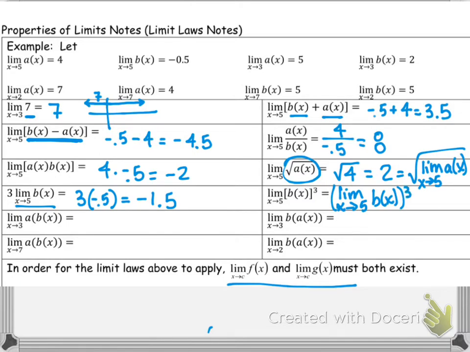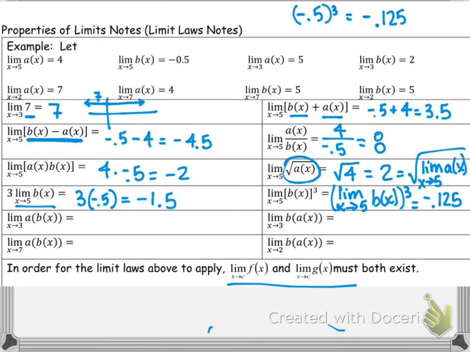So when we cube negative 0.5, let's go up to the top and do this work here. Negative 0.5 cubed, when you cube a negative, you get a negative, and I believe it's 0.125, yeah, negative 0.125.